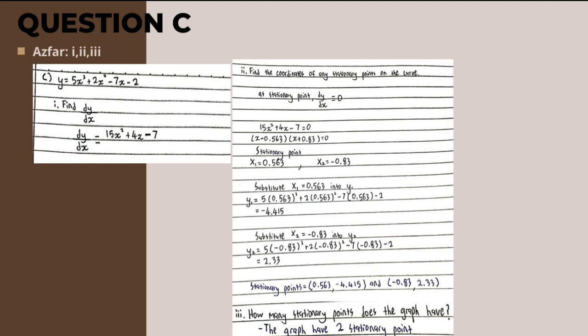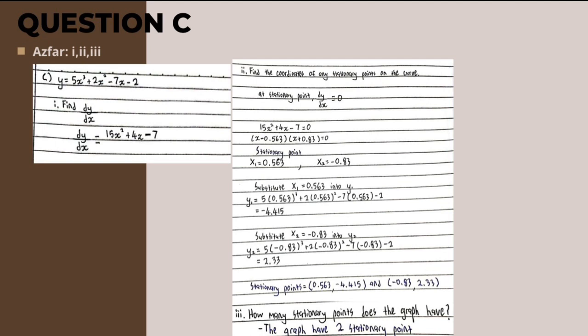So in bracket, x minus 0.563, open the new bracket, x plus 0.83 equals 0. So stationary point for x1 equals 0.563, x2 equals negative 0.83.